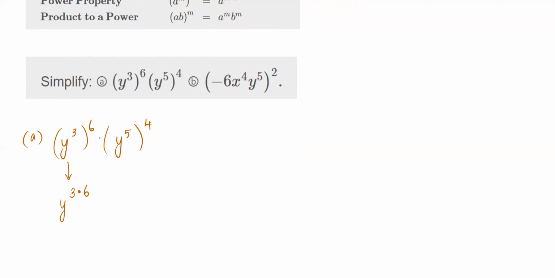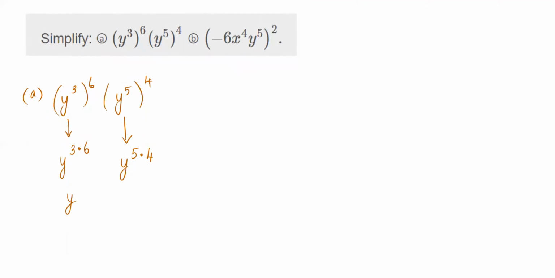The other part was there is no sign in between, but it tells you that because of the parentheses, it's being multiplied. Right? So you have that. And then you have y power 5, which is raised to the power 4. Once again, similar situation, you have stacked powers. So multiply the powers 5 times 4. Let's take them slowly. So y power 3 times 6 is 18.